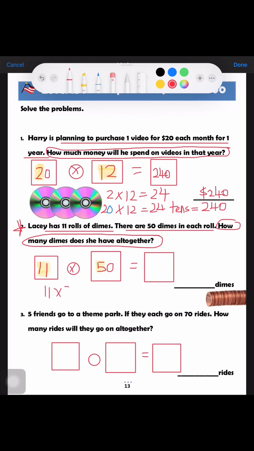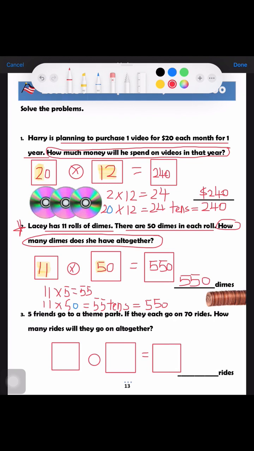We know that 11 times 5 equals 55. So 11 times 50, which is 11 times 5 tens, equals 55 tens. And 55 tens equals 550. So she has 550 dimes altogether.